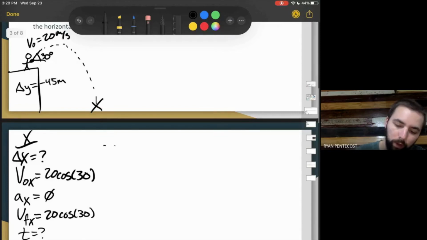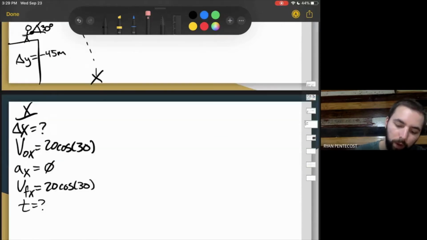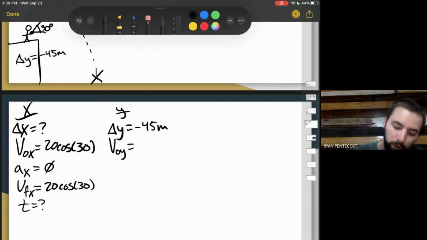Okay. Now, let's get the y information. Delta y is negative 45 meters. V naught y is 20 sine 30. Acceleration in the y is negative 9.81 meters per second squared.